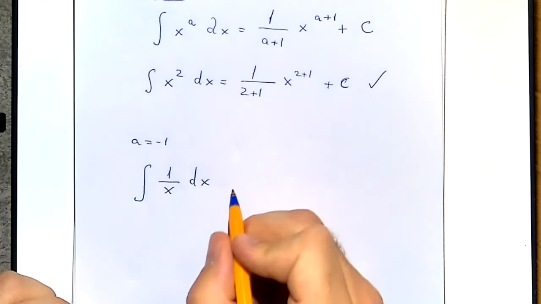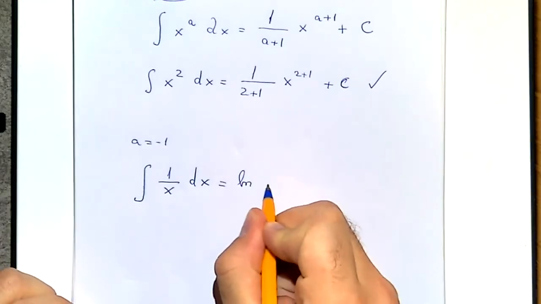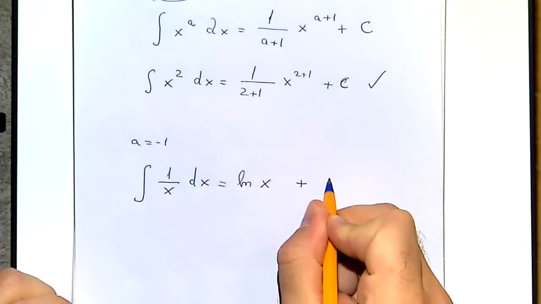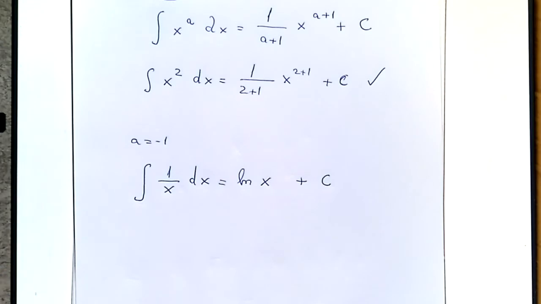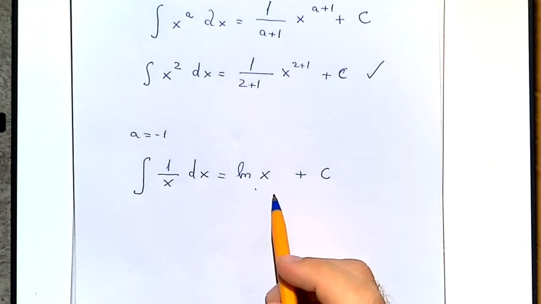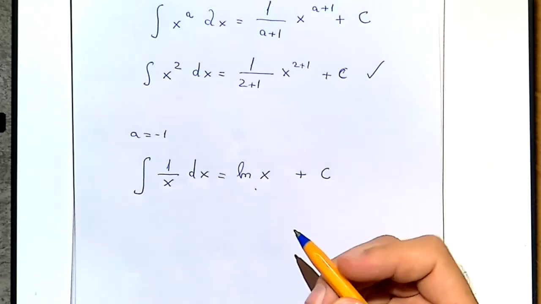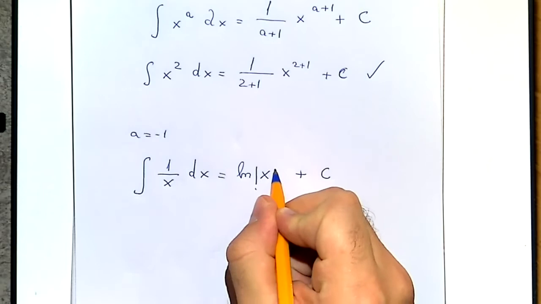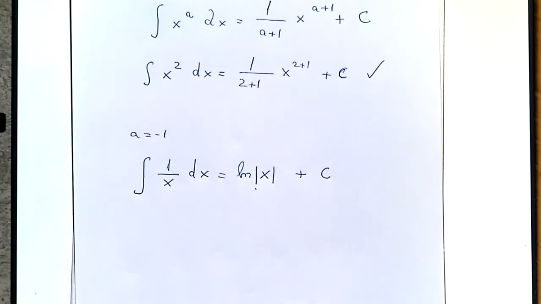It was just log of x, plus c. You've got to be careful about one little thing here: you cannot take the log of a negative number. Log of -4 does not exist. It has to be positive. So in order to correct that, this formula has an absolute value on x, guaranteeing it's positive.